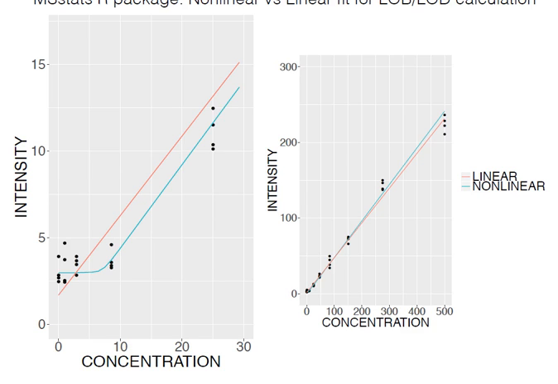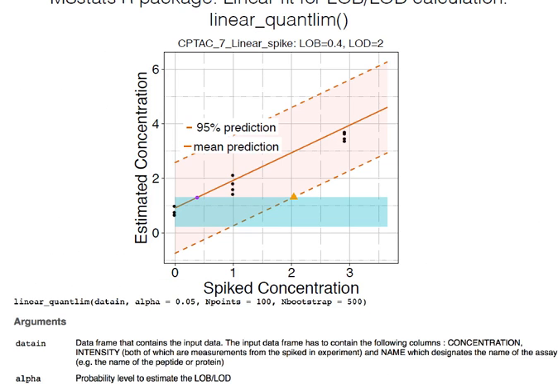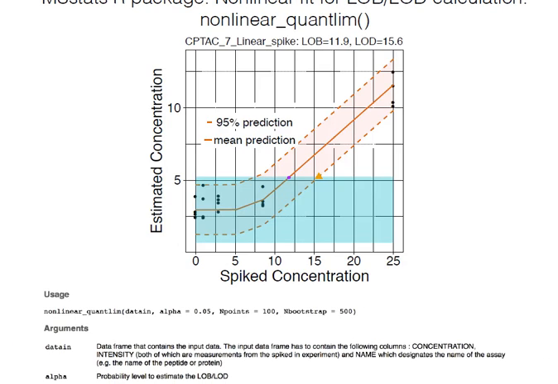And so when you use this in MSstats, what kind of readout do you get aside from the plots? Do you have LOD calculation and LOB calculation? Yes. So you get basically the output of this function, for instance. At the top, you get the value of the LOB, the value of the LOD.